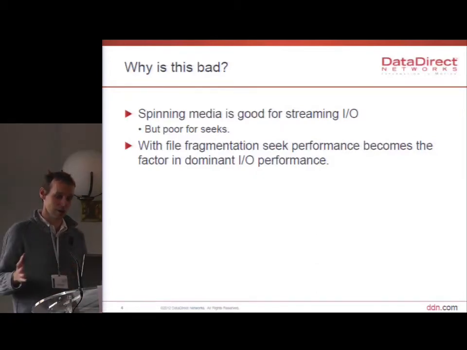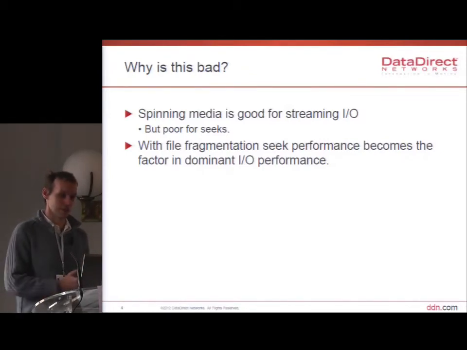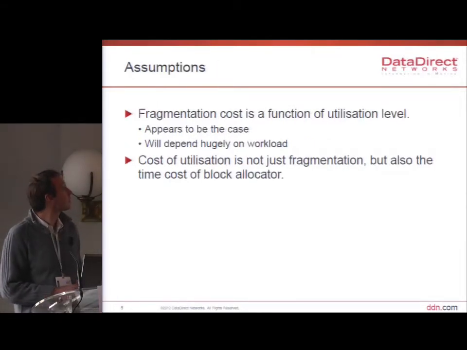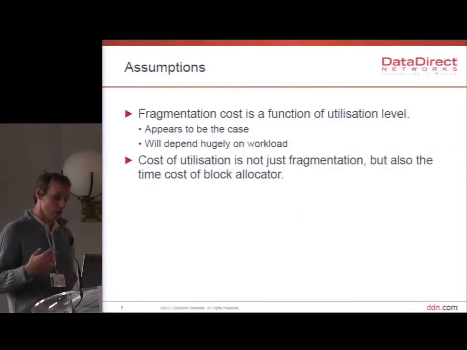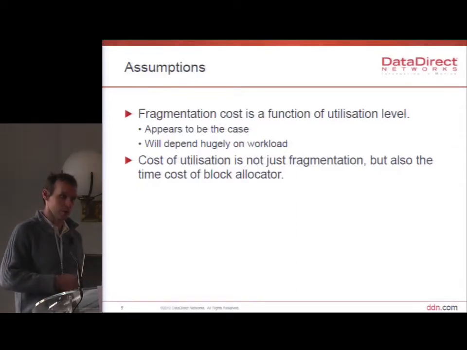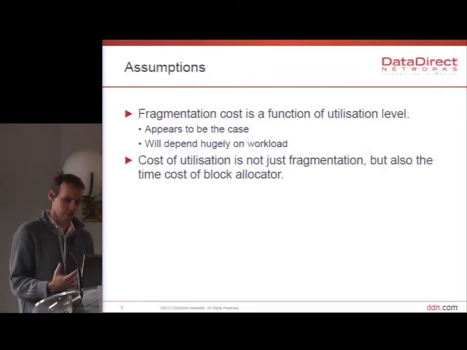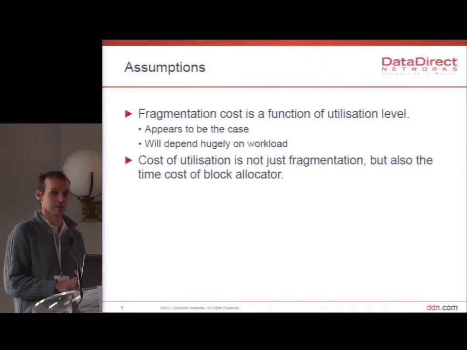You have large bandwidth available, but you haven't got the IOPS, so your bandwidth actually suffers even though the drive is capable of delivering. Not just the space on the drive, but also as the drive gets full, you've got the cost of the block allocator, which is an important factor to consider in this.